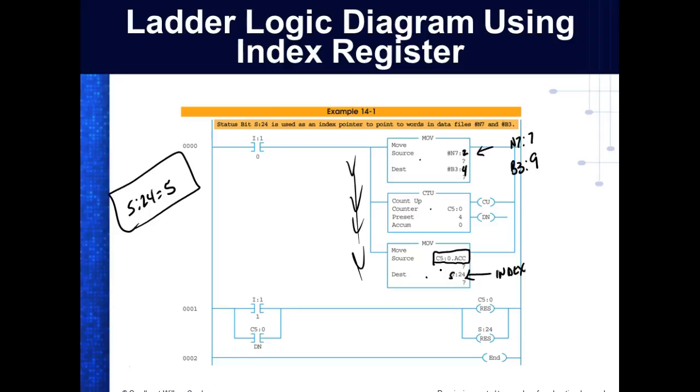Whatever's in this counter here, in the accumulator of this counter, is going to be put into our index. So what we specify in index addressing is we don't specify the address, we specify an offset from an address, right? So first of all, we specify the data registers we're going to be using.